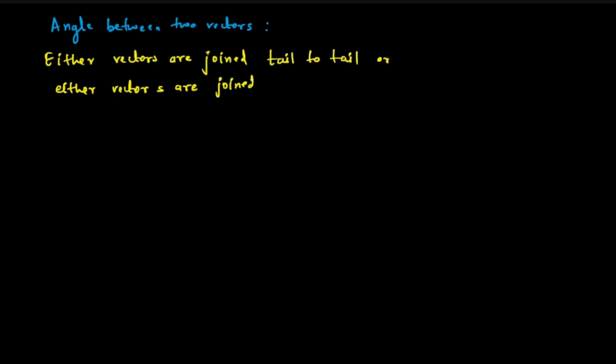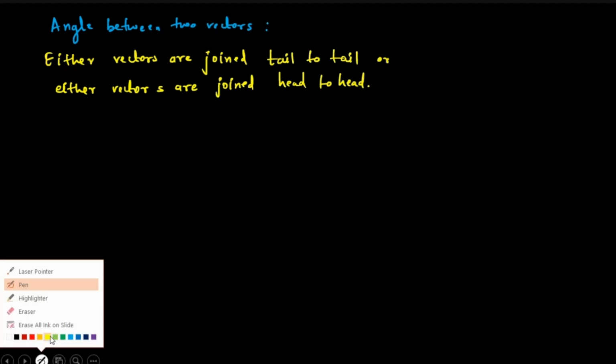This is the most important part. Because sometimes when we are solving a numerical, the angle given in the question is representing the angle between tail and head. So we have to calculate the angle between either tail to tail or head to head. That is an important part.